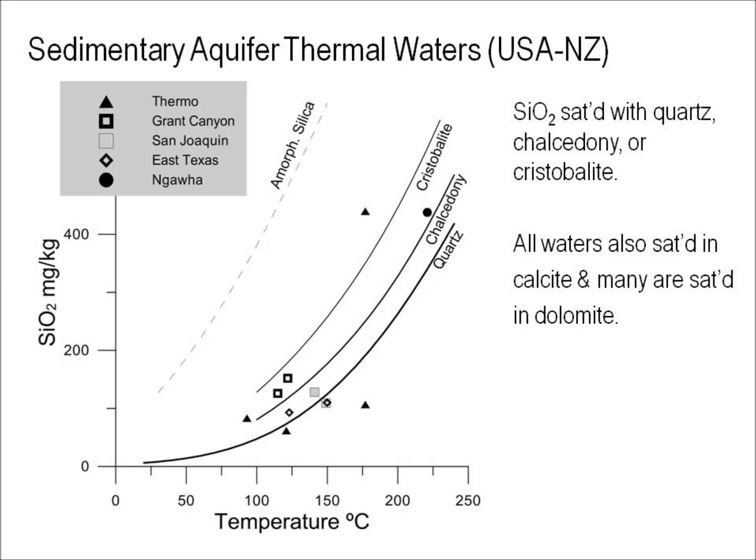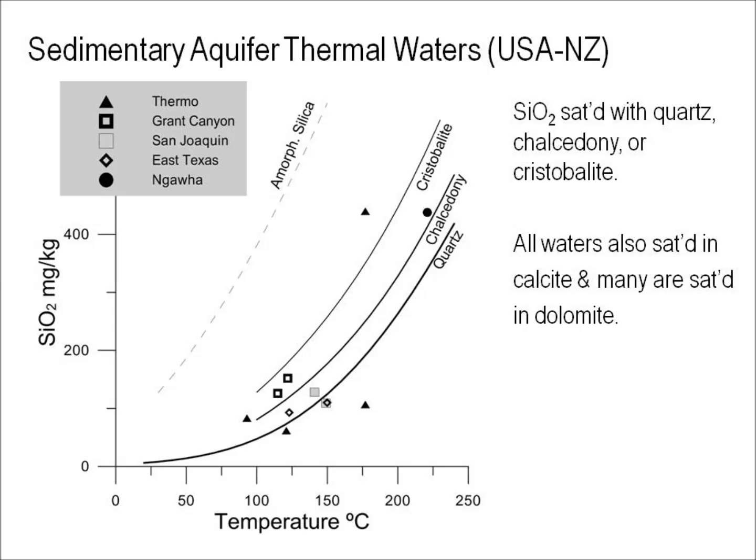A simplistic graph of taking temperature reported for the waters and that they were collected at versus, say, silica concentration. Quartz silica solubility relationships have been used for a long time as a chemical geothermometer. You can see that there's coincidence between where these data plot and silica polymorphs. Here's the quartz solubility curve. Here's the chalcedony solubility curve.